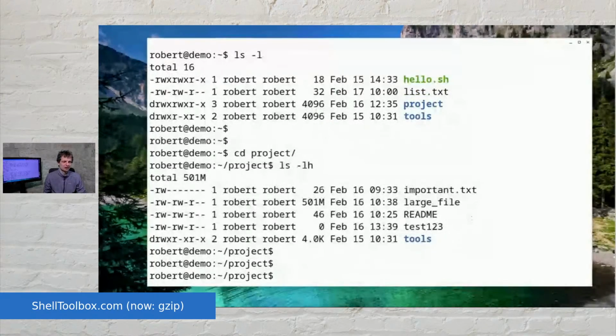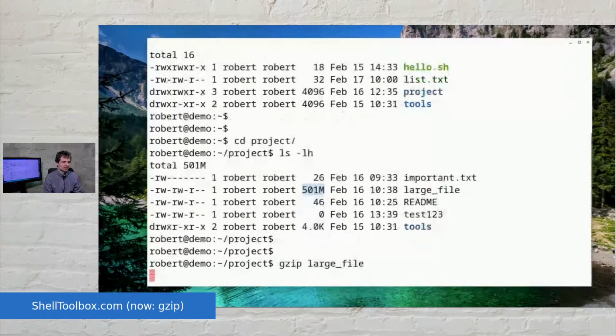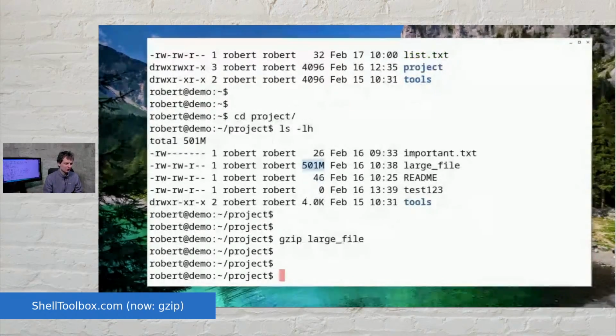Okay, let's take this large file within the project directory, with a size of 501 megabytes. Now I want to compress this file because I want to save some space. It's as easy as calling gzip with the file name. Gzip large file. Now it takes some time for compressing the file. Not much time.